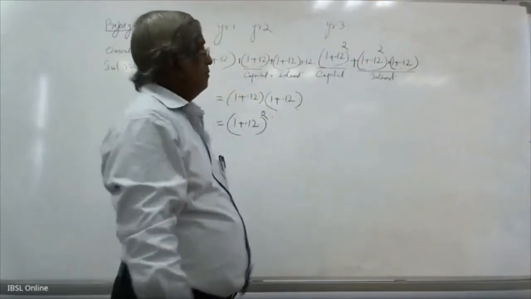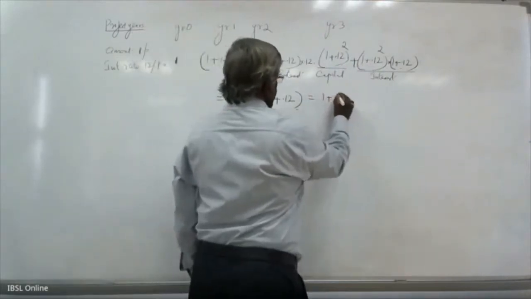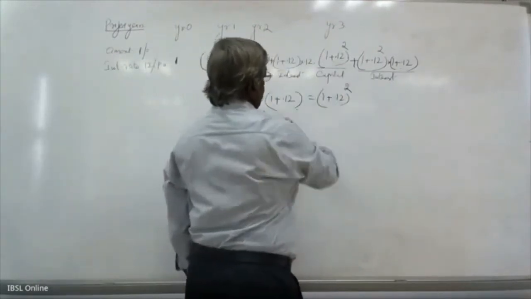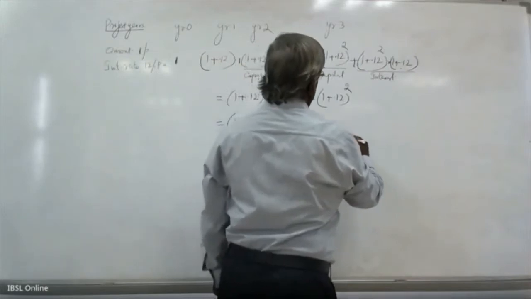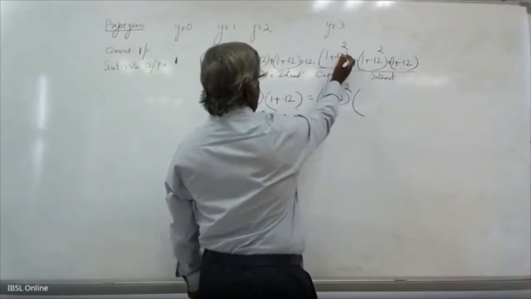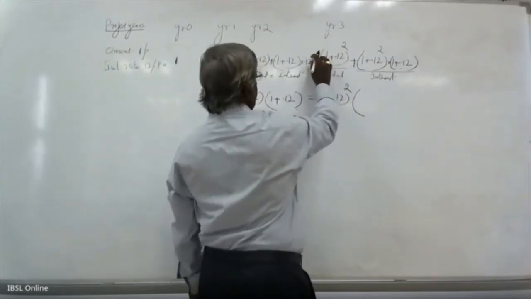Now we simplify. Common factor 1 plus 0.12 to the power 2. When you take it out, there will be 1. If you put 1, it won't make any change.